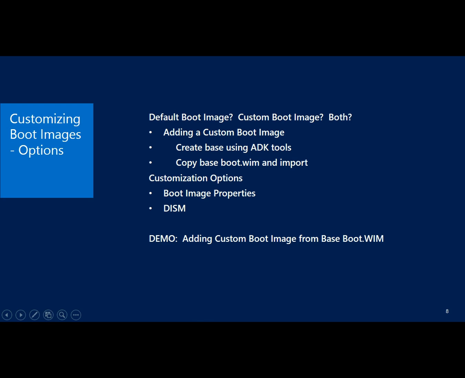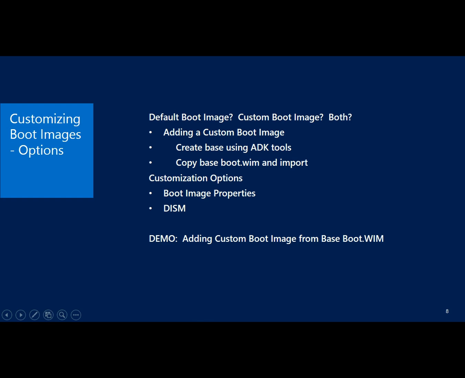We kind of went through that whenever we talked about the ADK in a previous session. The other way, and frankly the easier way, is to just copy the base boot WIM from the existing source path and import it, right? We already talked about the customization options, how you can use the properties in the GUI to modify the boot image, how you can use DISM, how you can mount the WIM and then make customizations.